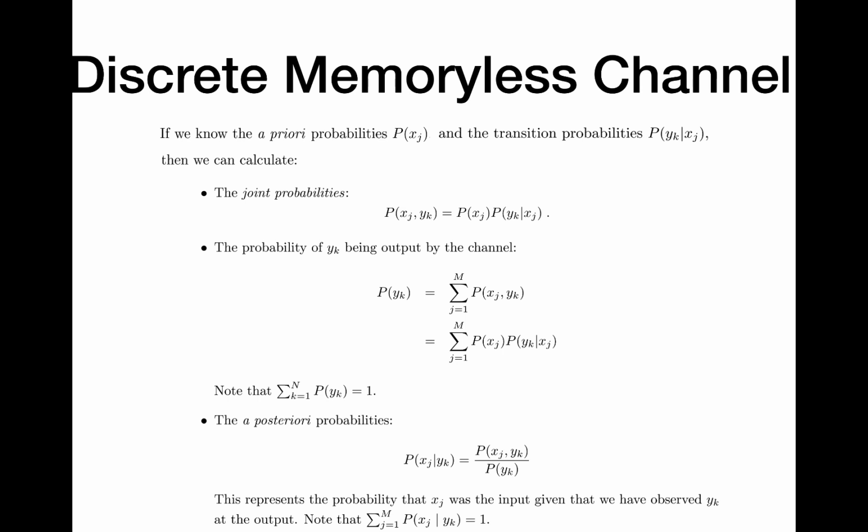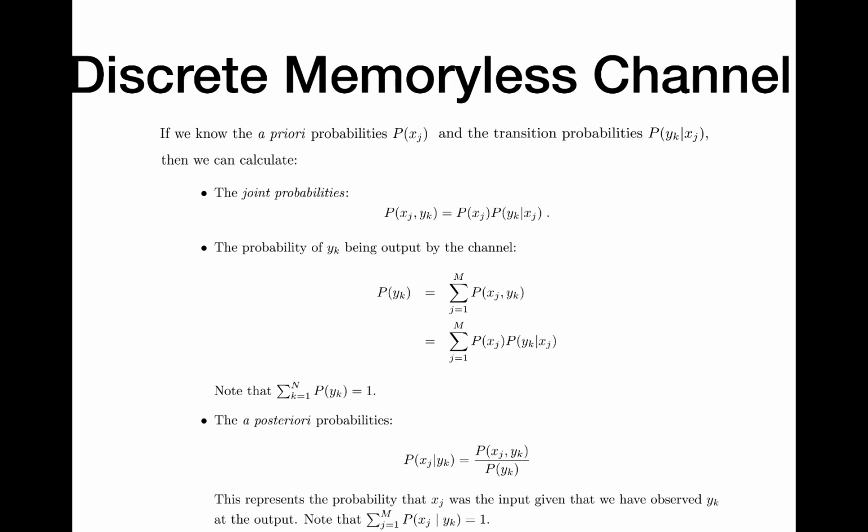So if you sum the joint probabilities, you get the marginal probabilities of yk, and that is given by that expression: probability of yk equals the sum over all j of probability of xj comma yk. And then you can write probability of xj comma yk as probability of xj times probability of yk given xj.